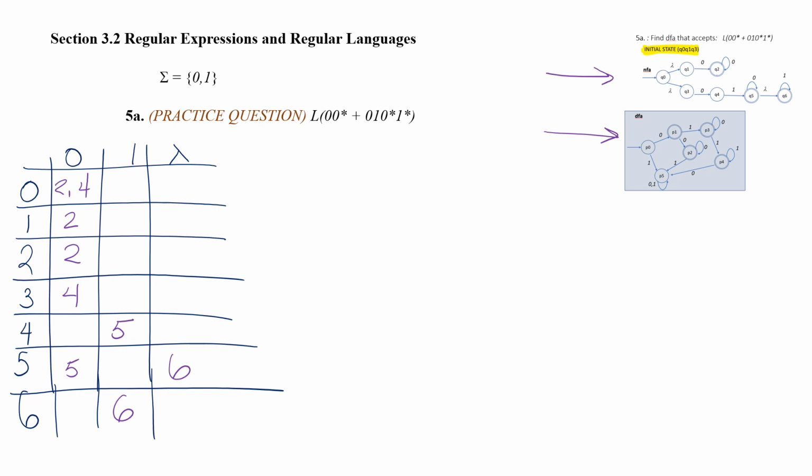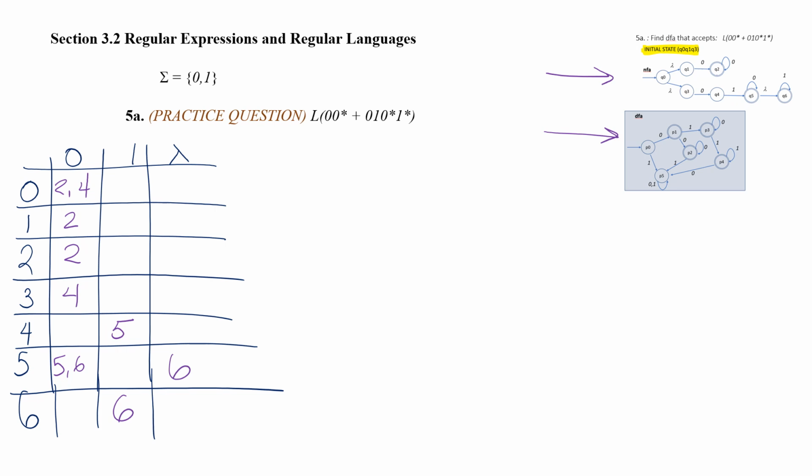Now my other lambda I have to get rid of. If I'm in 5, I can consume the 0, stay in 5, or I can consume the 0, stay in 5, and jump to 6. So that's a 5, 6 here. All right. If I'm in Q4, I can consume the 1 and get to Q5, and then I can lambda jump to 6.